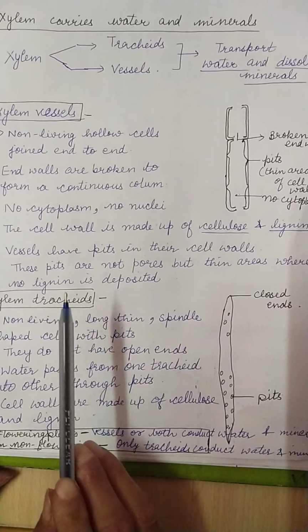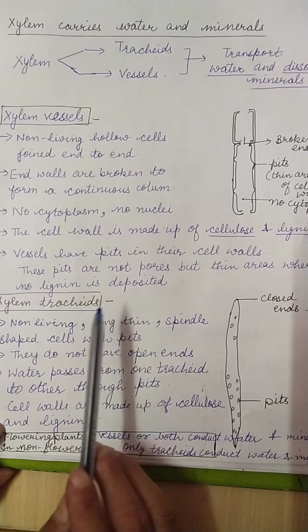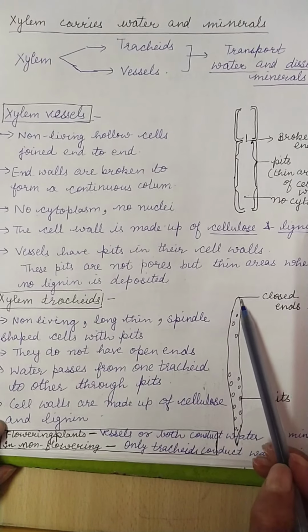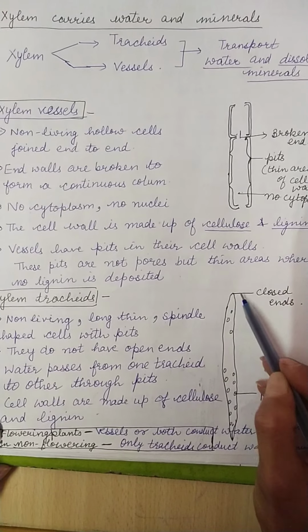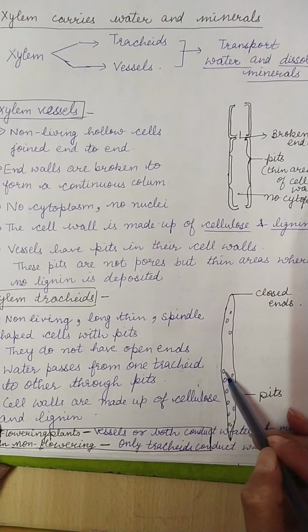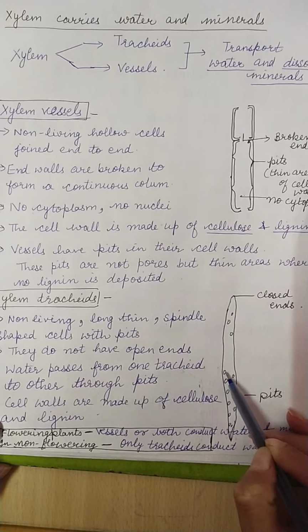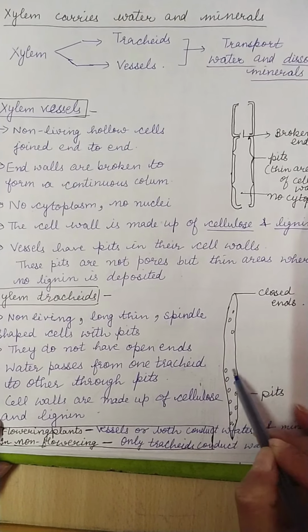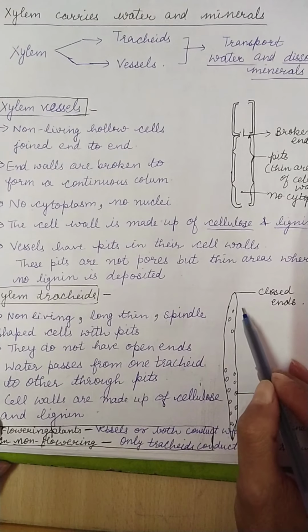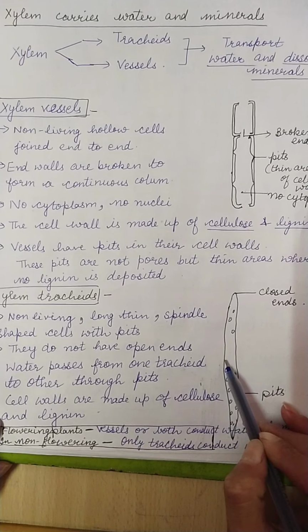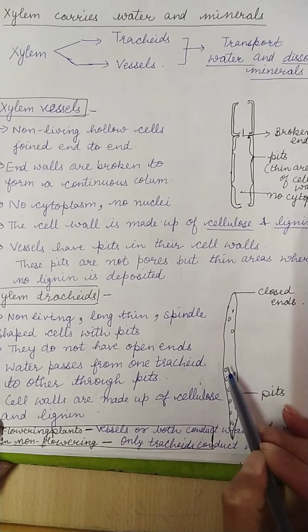The other element of the xylem which carries water and minerals is the tracheids. Tracheids are long, thin, spindle-shaped cells with closed ends. Their ends are closed, but they have pits. The water is transported from one tracheid to the other tracheid through these pits. These cell walls are also made up of cellulose and have depositions of lignin.